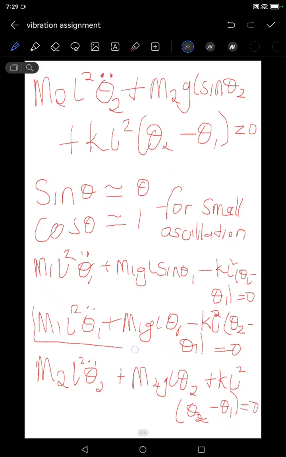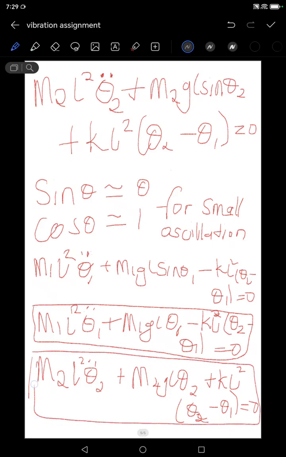So this is our equation of motion. We have m1 l squared theta 1 double dot plus m1 gl theta 1 minus kl squared (theta 2 minus theta 1), and then our second equation is m2 and so on.